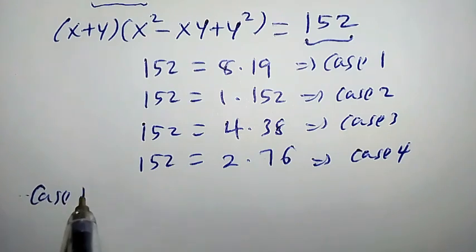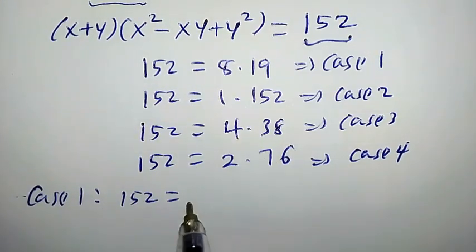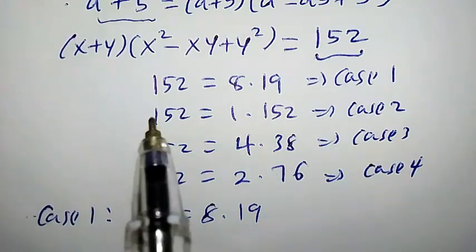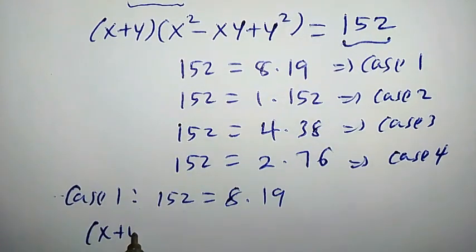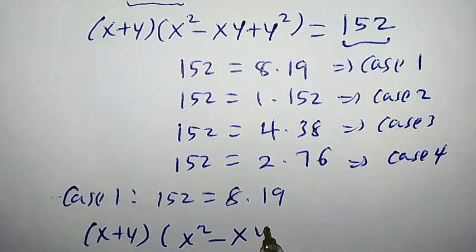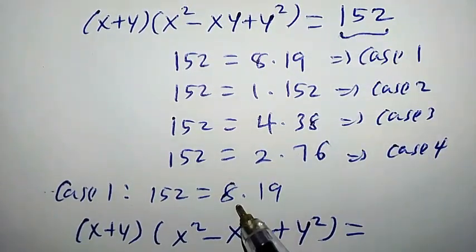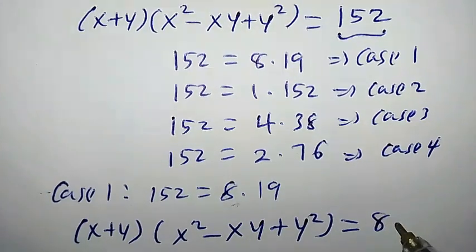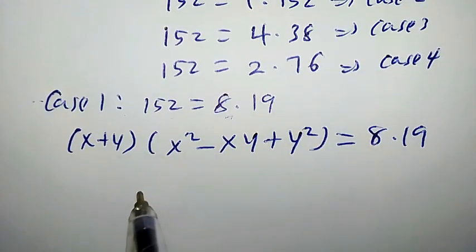For case 1, 152 is equal to 8 times 19. That means from this line, we are going to have x plus y times x to the power of 2 minus product xy plus y to the power of 2 equal to, we will simply replace this 152 with 8 times 19. Now, let us compare.